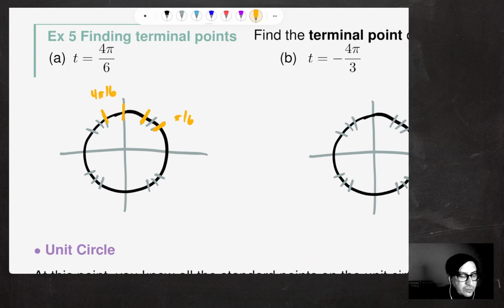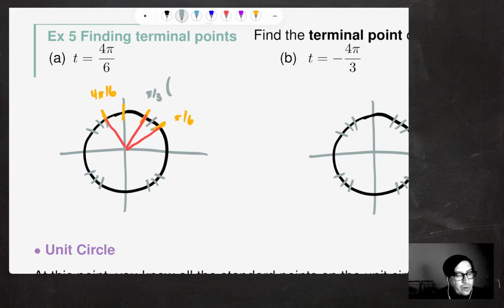So since we're finding the terminal point, what this ends up basically looking like is, remember, we know the terminal points for pi over 6 and also pi over 3. And if you look at this picture, it's basically going to be a mirror image of pi over 3. So we actually use the pi over 6 for counting purposes, but we're actually going to use the pi over 3 coordinates.